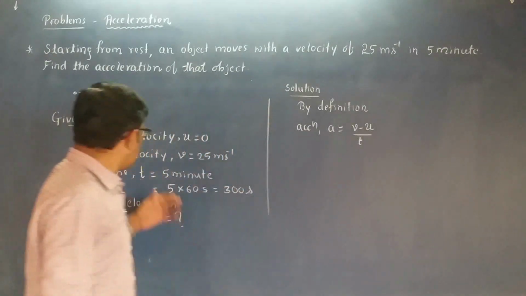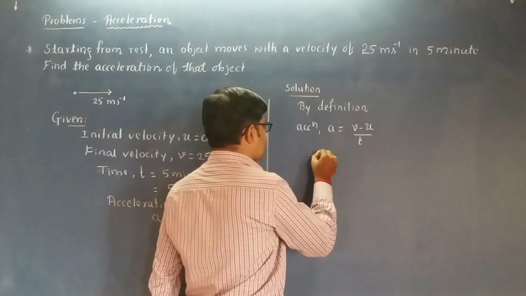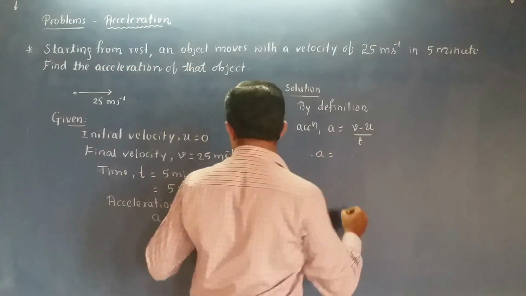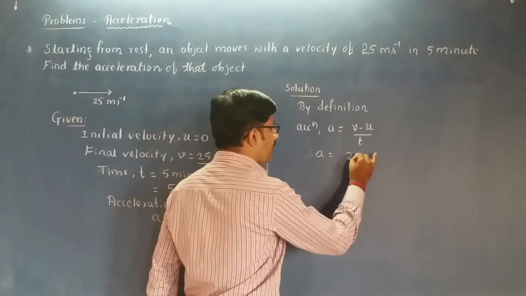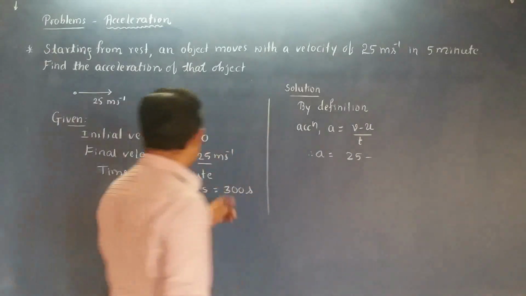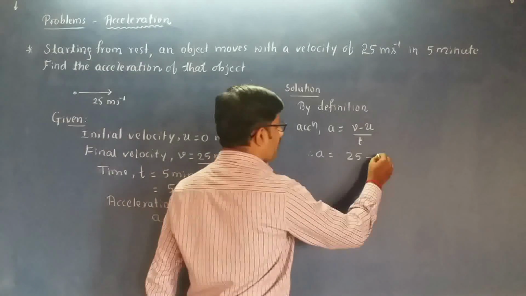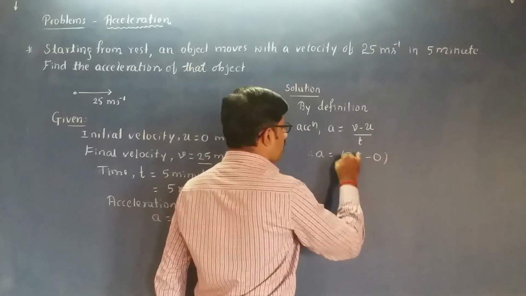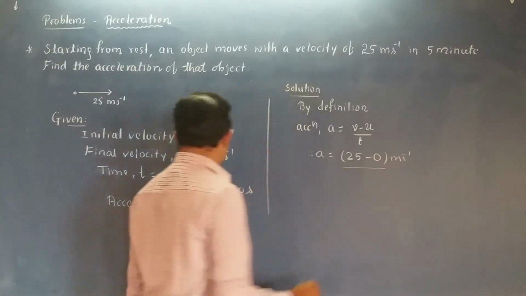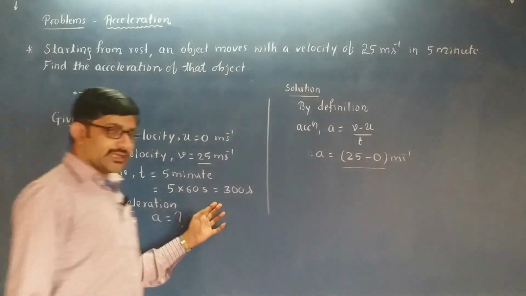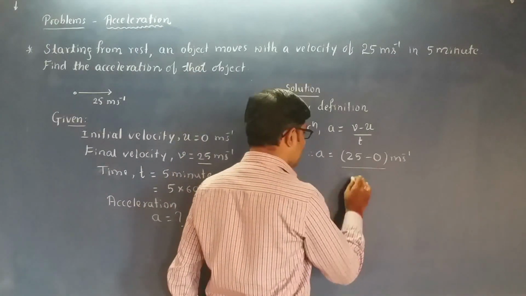Now bring the values into the formula. Therefore acceleration a is equal to 25 meter per second minus initial velocity 0 meter per second, therefore 25 minus 0, meter per second, divided by time 300 seconds.